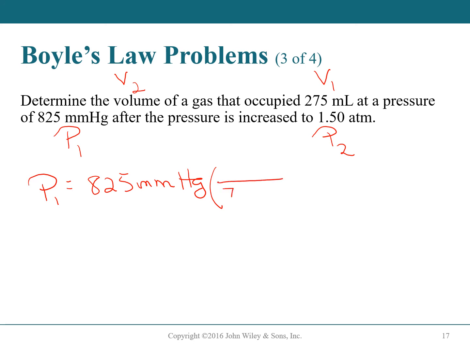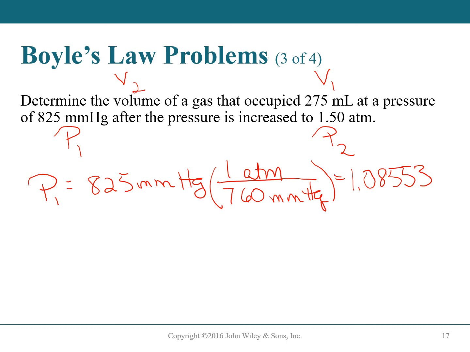We know that for every 1 atmosphere, it's 760 millimeters mercury. So 825 divided by 760 is equal to 1.08553 atmospheres. It's going to be 3 significant figures, so just make sure we note that.